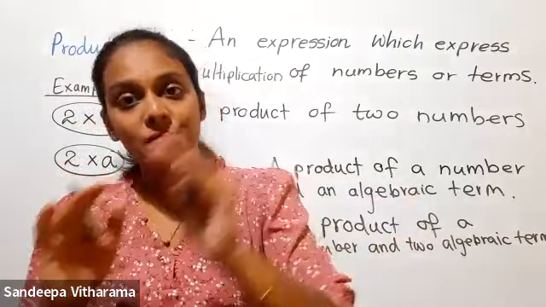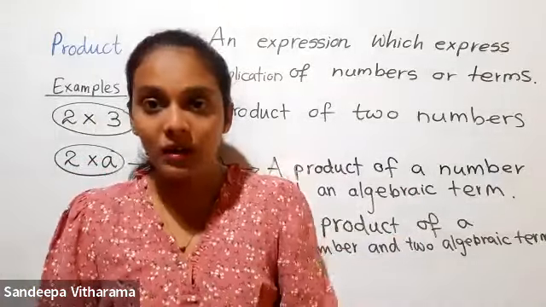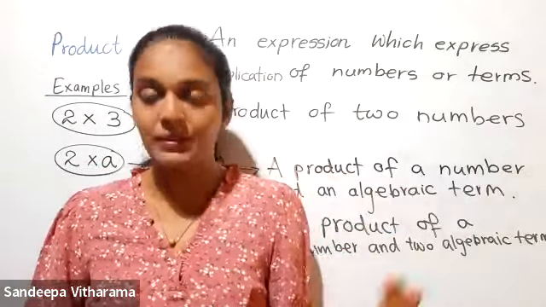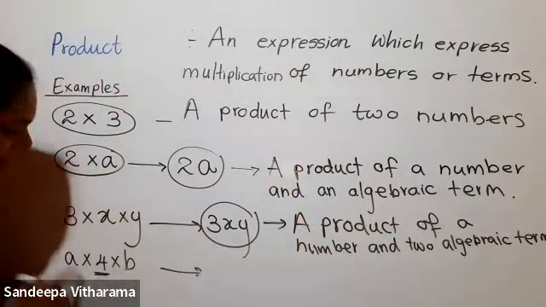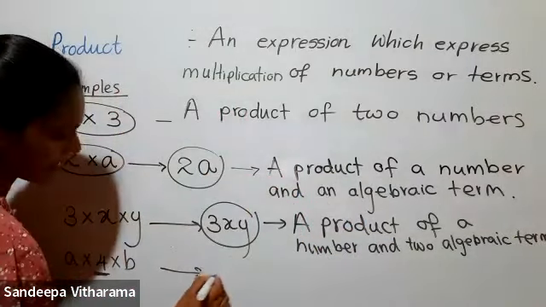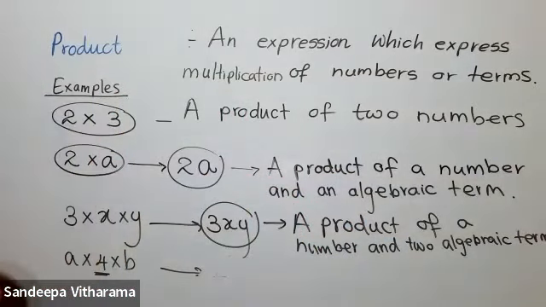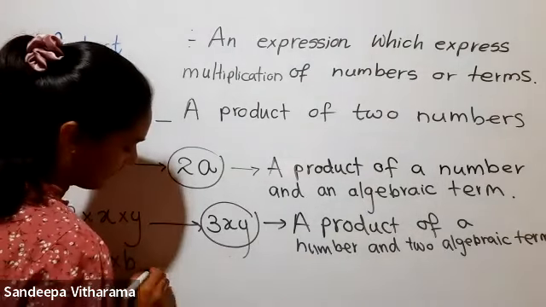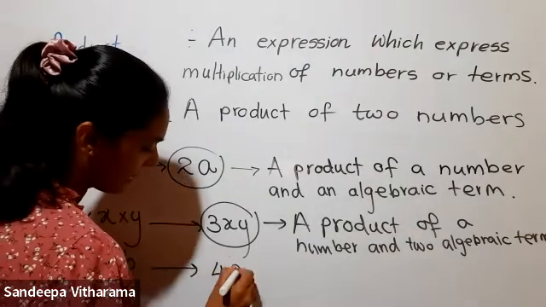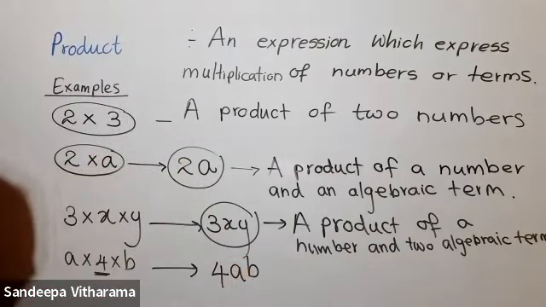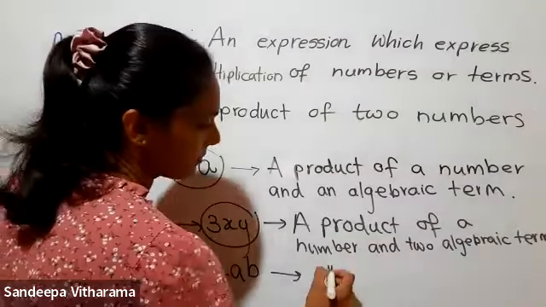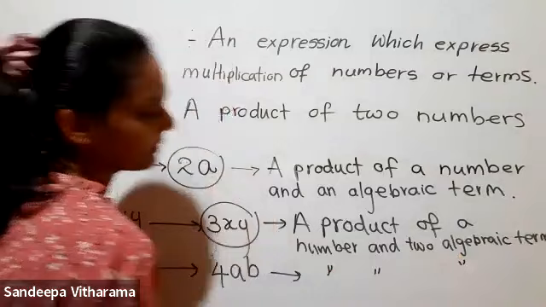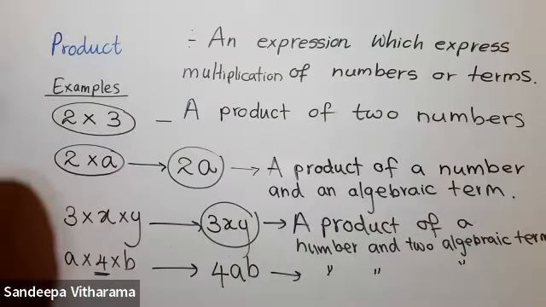It becomes 5x, because we have to give priority to a number. So here it becomes 4ab. It is 4a into b. This is also a product of a number and two algebraic terms.